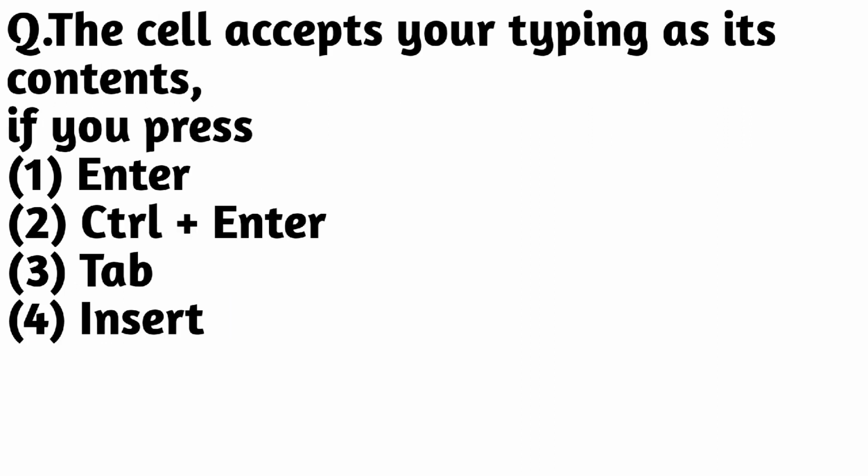Next question. The cell accepts your typing as its contents if you press option 1 enter, option 2 Ctrl plus enter, 3 tab and 4 insert. The correct answer is option 1, enter.